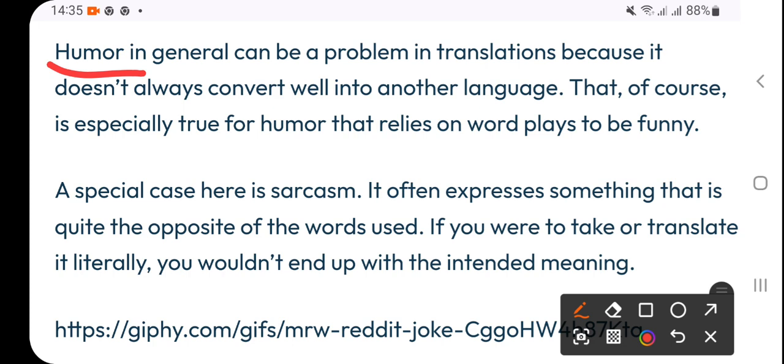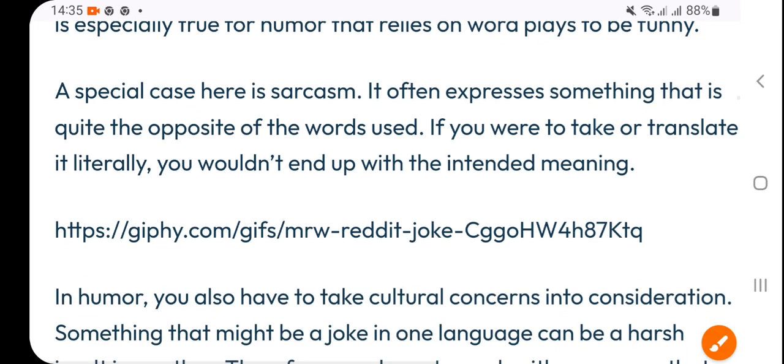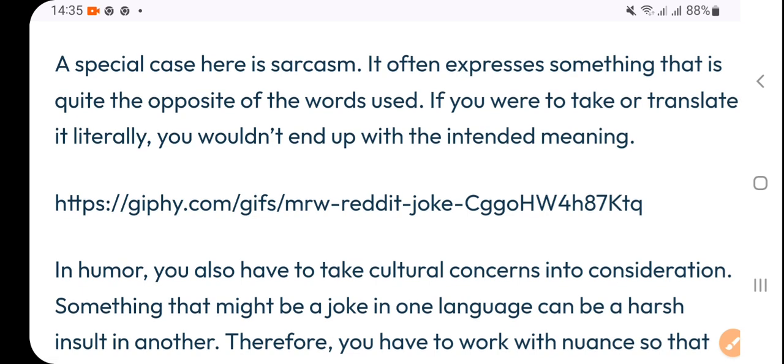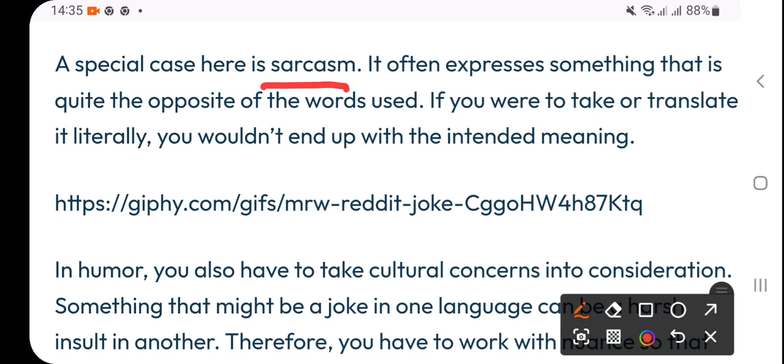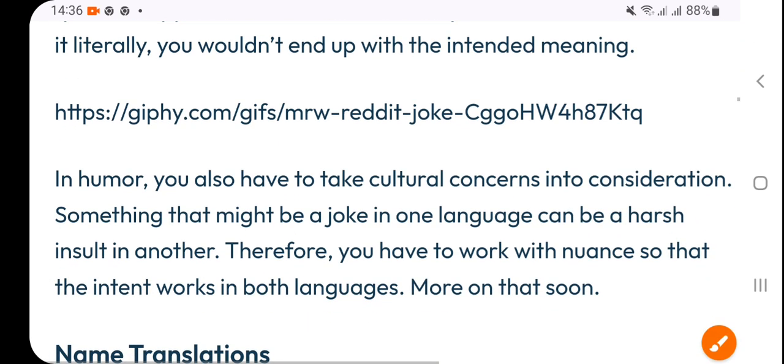You have to maintain that fun, so the choice of words and word order will matter. A special case here is sarcasm. It often expresses something that is quite the opposite of the words used. If you were to translate it literally, you would not end up with the intended meaning, right?